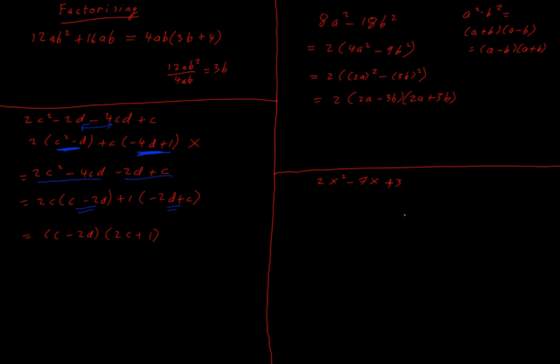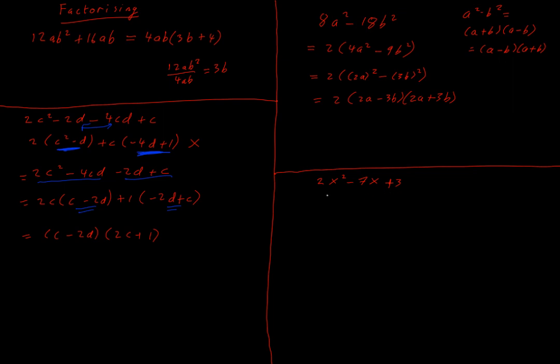The last thing we're going to talk about right now is how to factorize a quadratic expression. This comes in very important later on when we're talking about the roots of functions or the roots of equations, where they cross the x-axis, but right now we're doing it in terms of an expression. I'm going to show you one way now, and we're going to have a look at another way very soon.